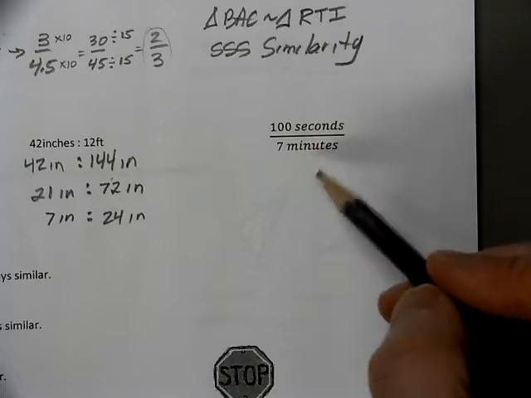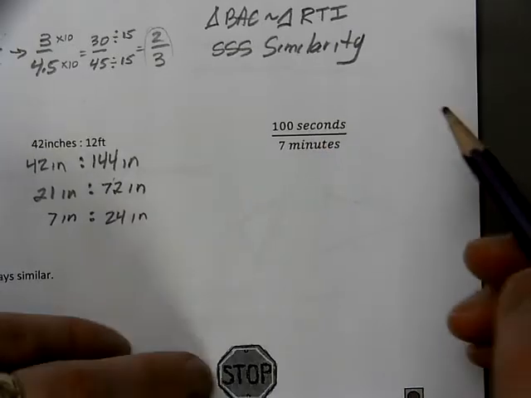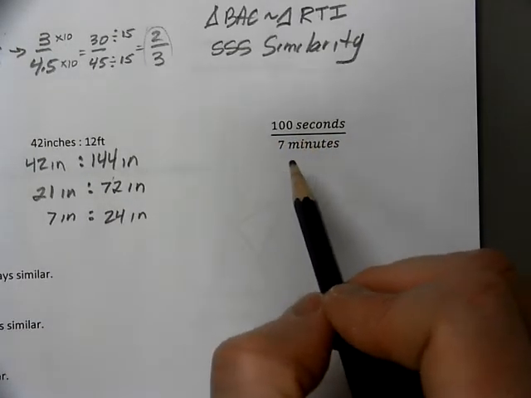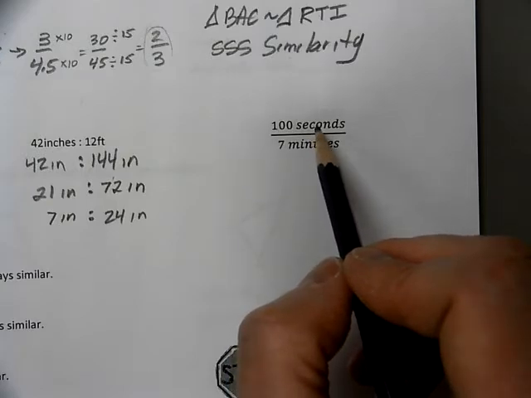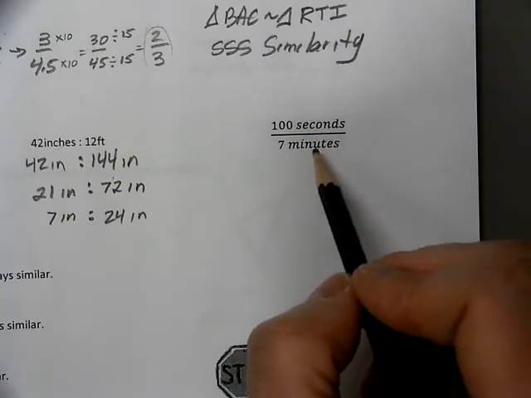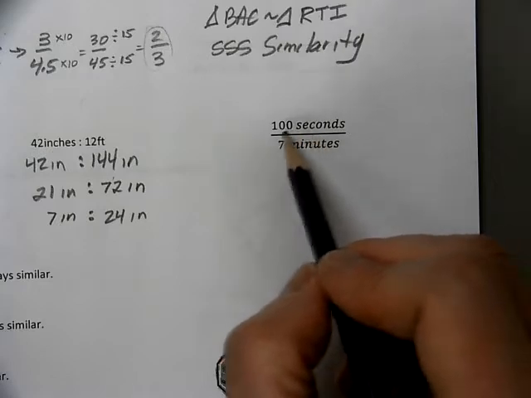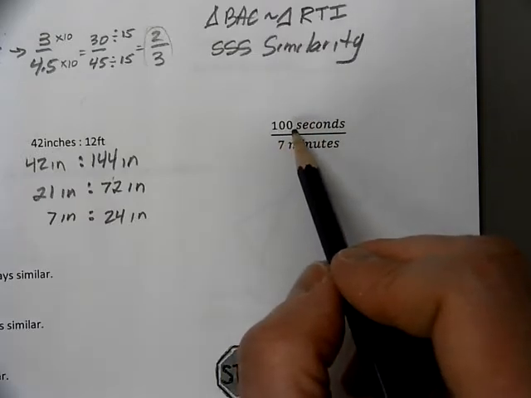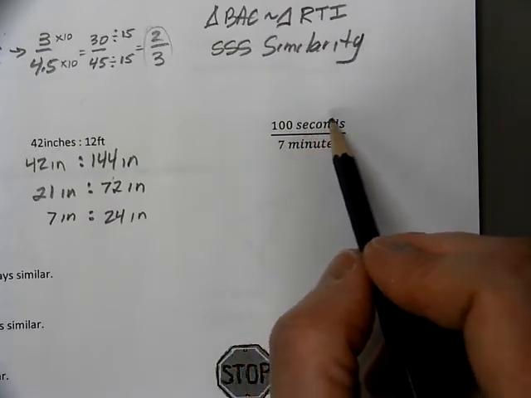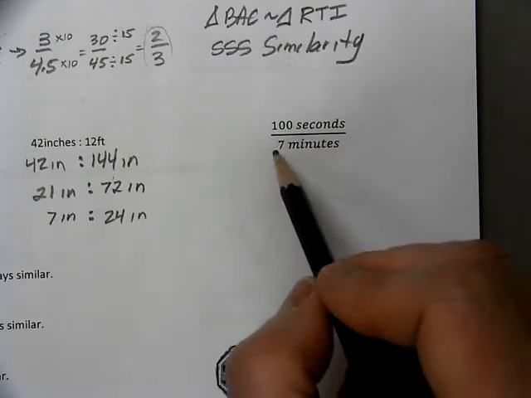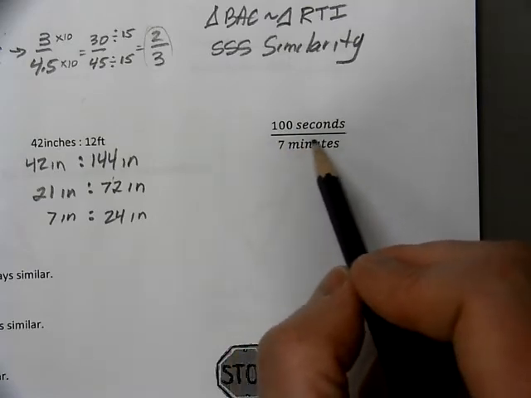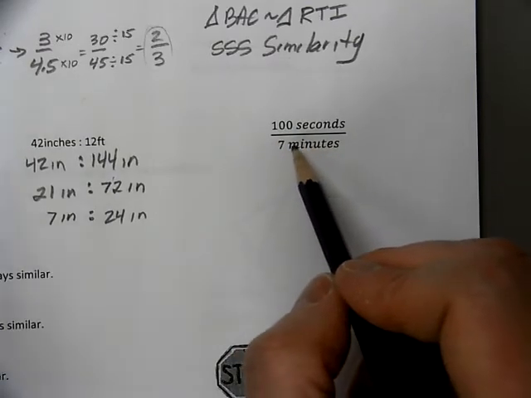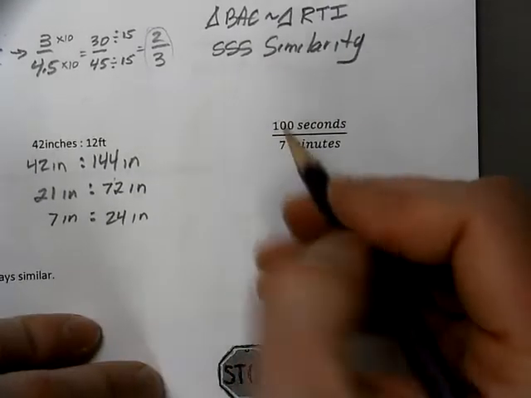Here we have seconds and minutes. We know that there are 60 seconds in a minute. So 60, of course, doesn't go into 100 evenly. So we can't convert this evenly into minutes, but we can convert this evenly into seconds. There are 60 seconds in a minute, and there are 7 minutes.